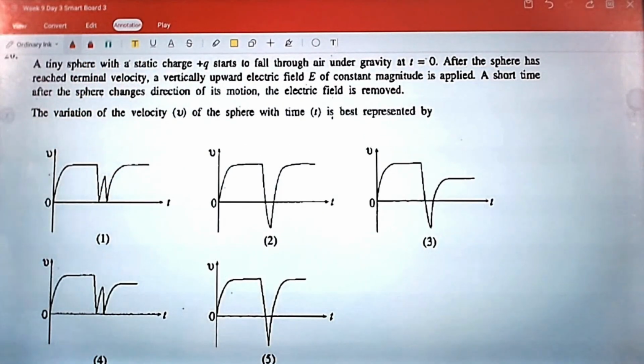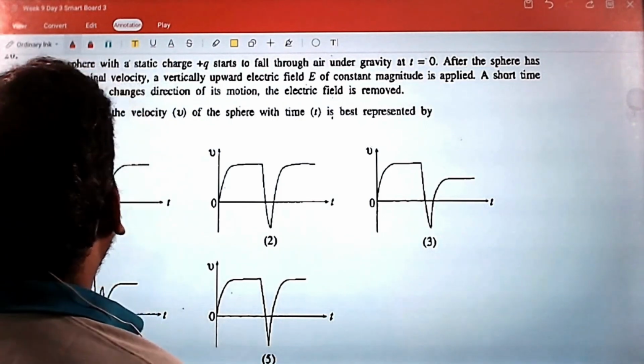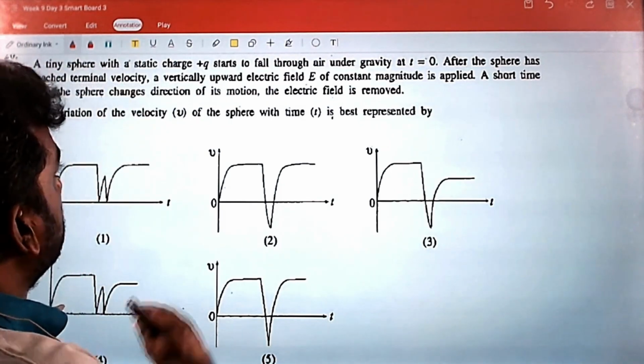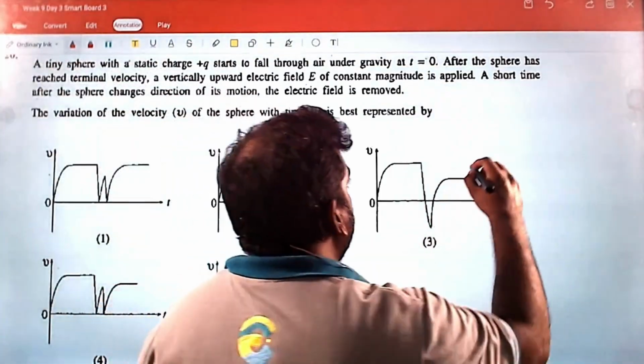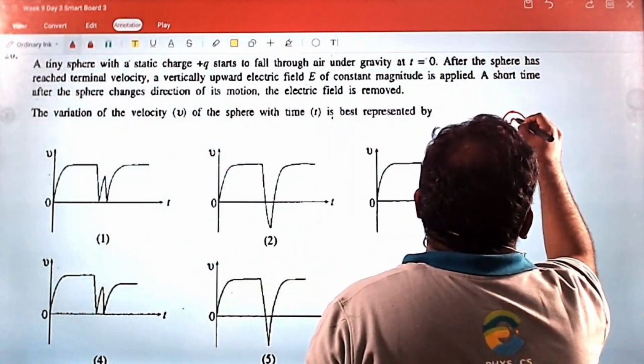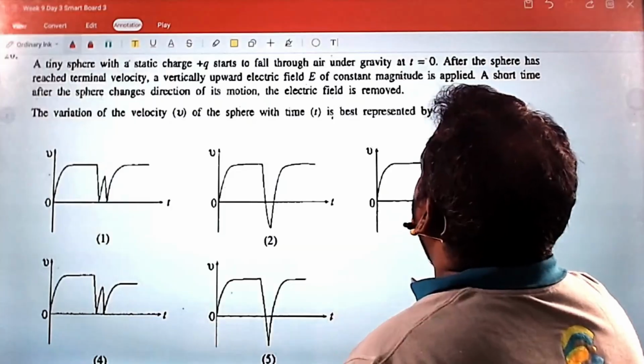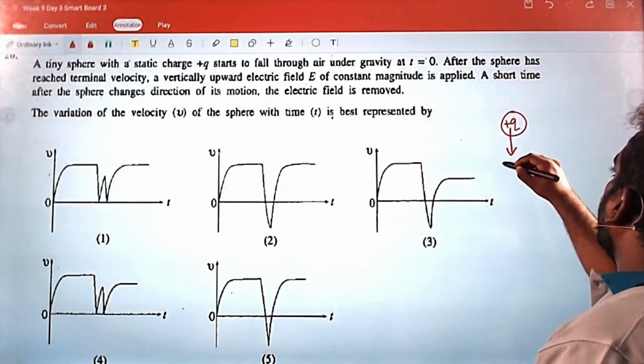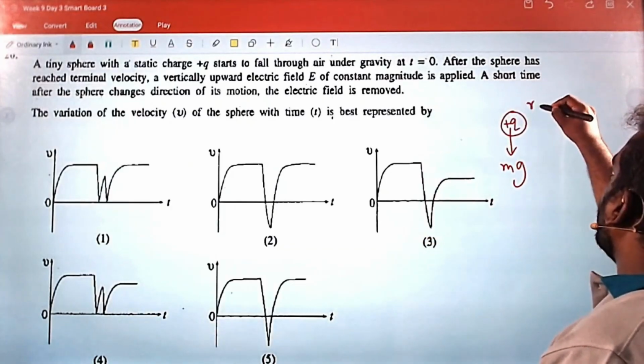A tiny sphere with static charge plus Q starts falling through air under gravity. So mg is acting, starting from rest.